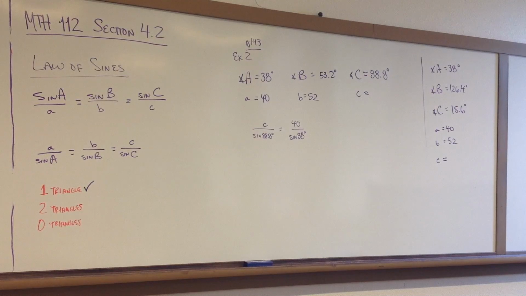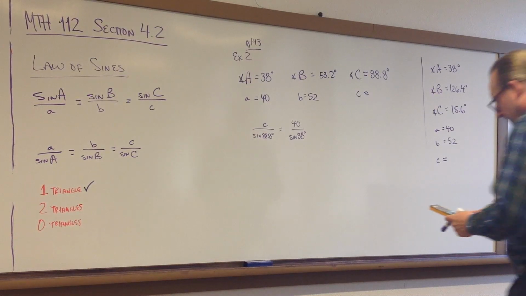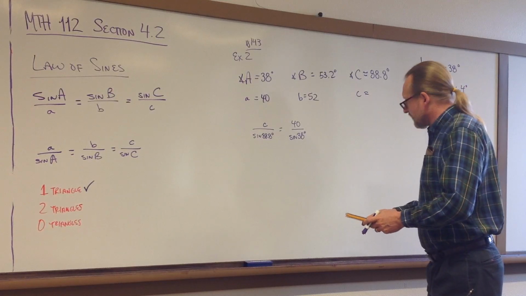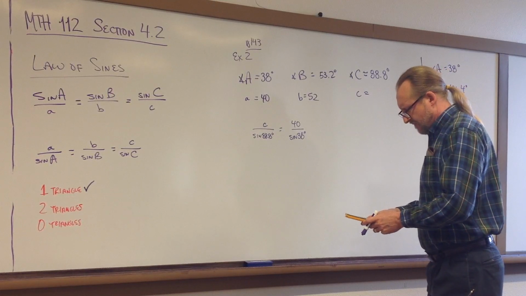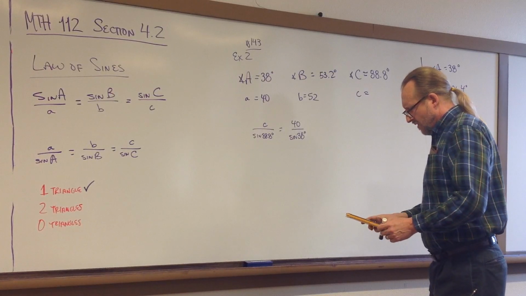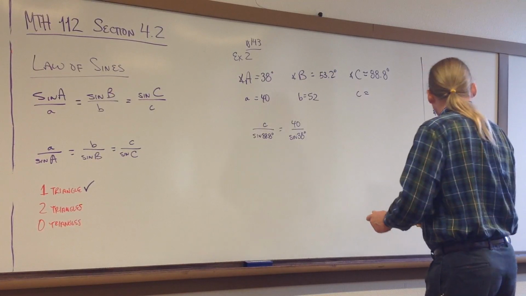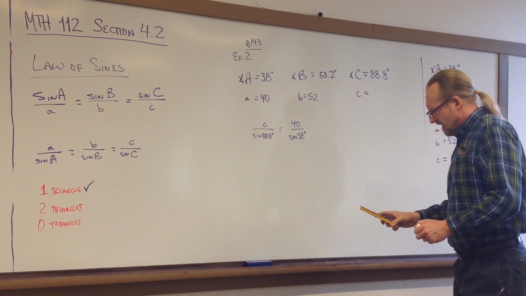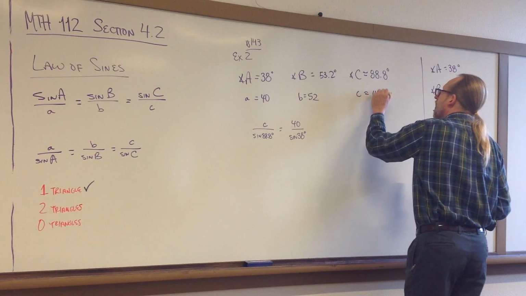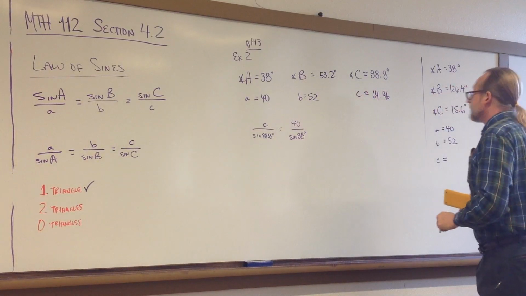And let's see what we get here. 40 divided by the sine of 38 degrees times the sine of 88.8 gives us 64, what are we rounding to on the lengths, 2 decimal places, 64.96 as a length for side C.